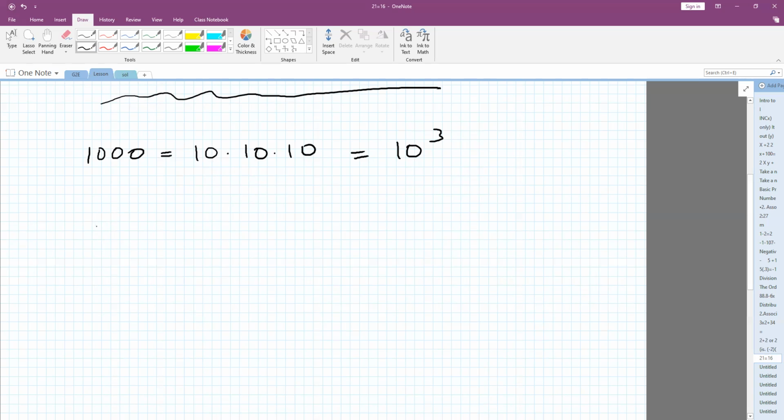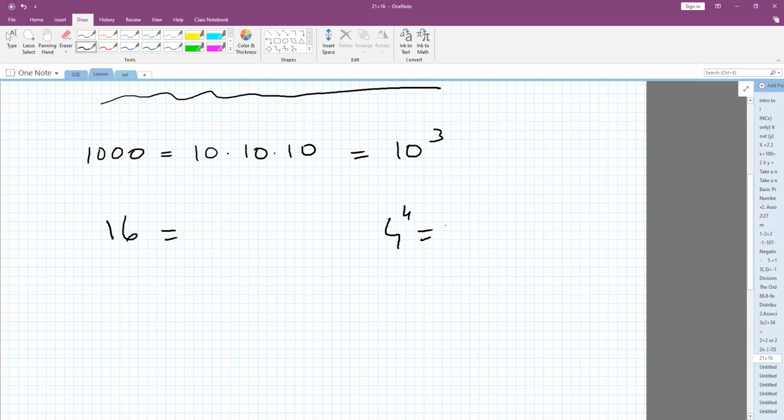Now, what about if you have, for example, 16? 16 equals 4 to the power of what? Look, if you have 4 to the power of 4, what does it mean?